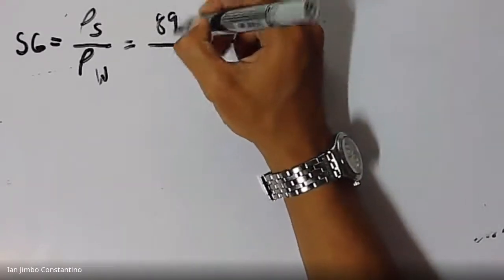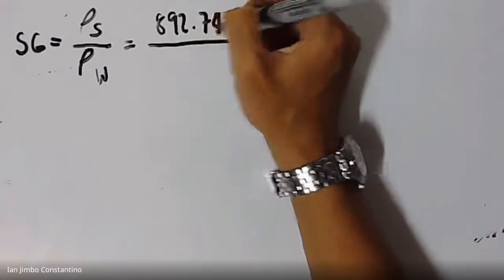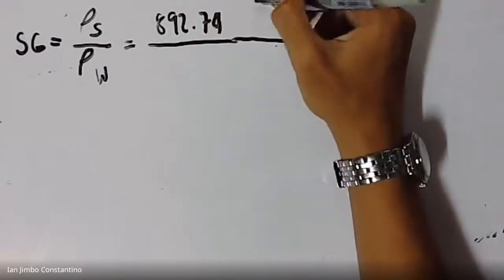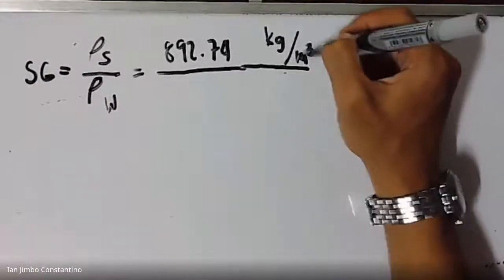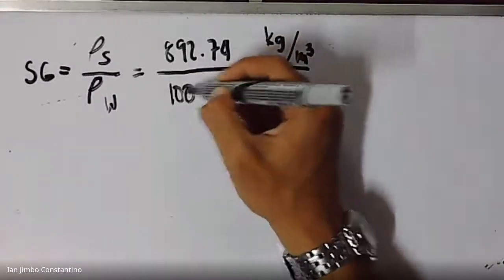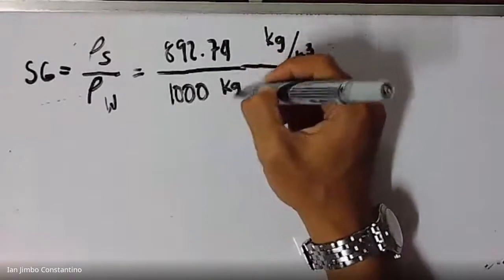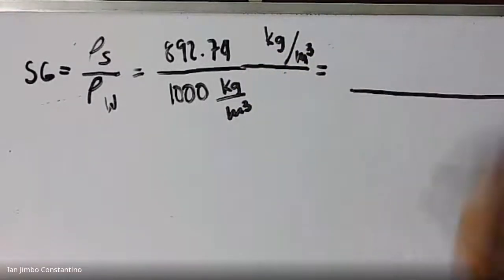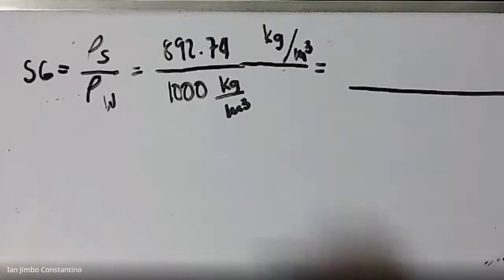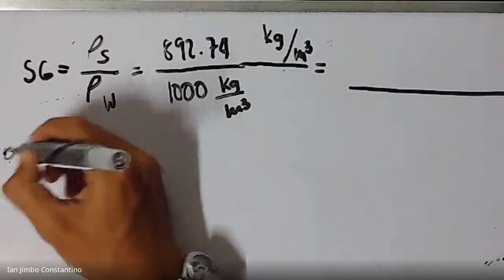So 892.74 kilogram per cubic meter divided by 1,000 kilogram per cubic meter. Okay, we set this aside and then we will find the degree API.